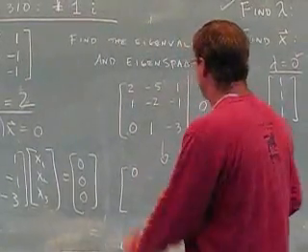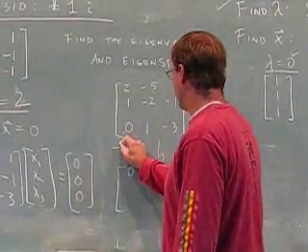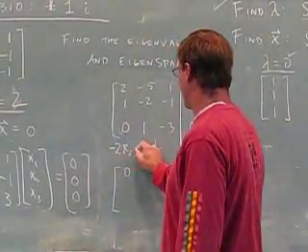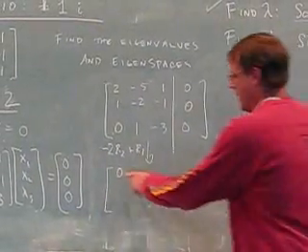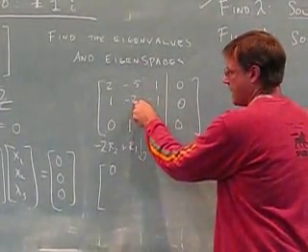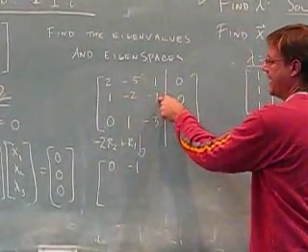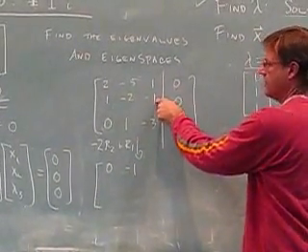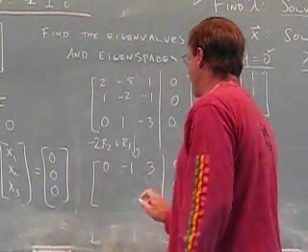I'm doing negative 2 r2 plus r1. Negative 2 here makes a positive 4, and I add that, I get a negative 1. Multiply by negative 2 here, I get a positive 2. Add it, I get a 3. The rest is the same.